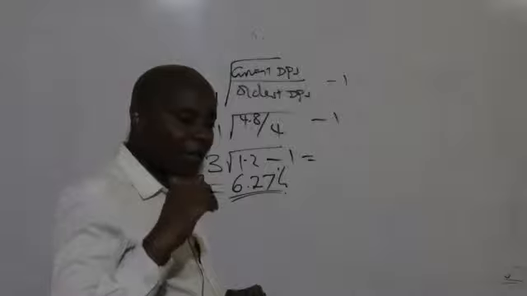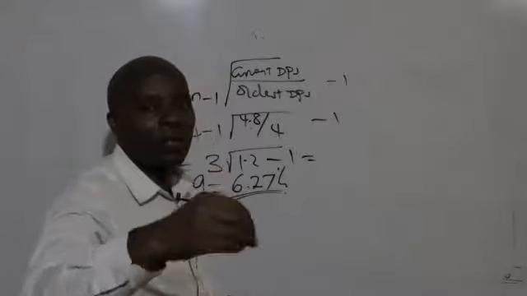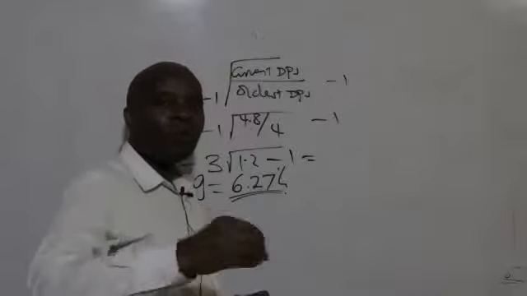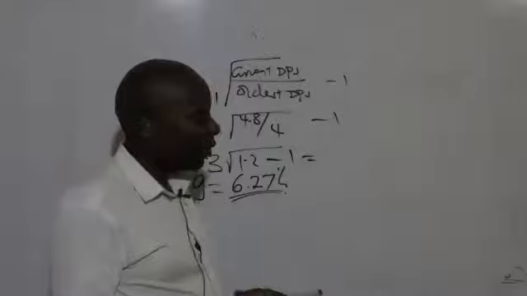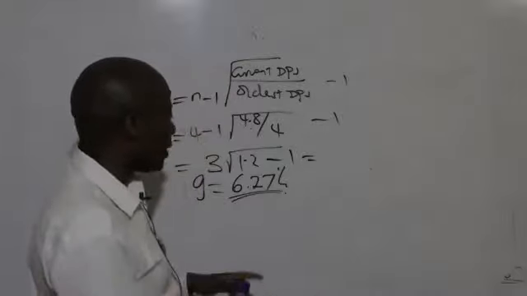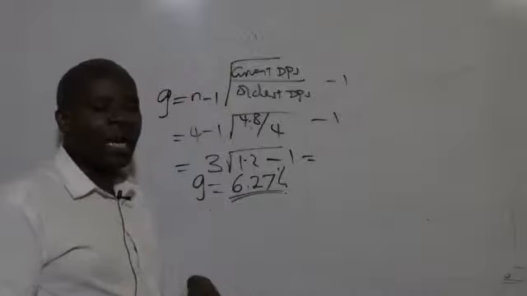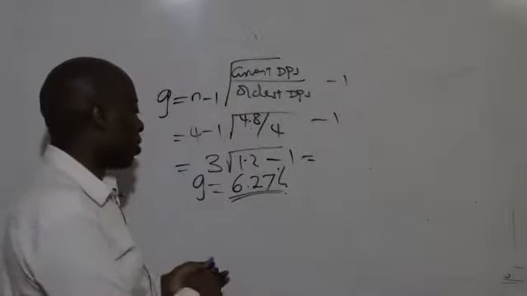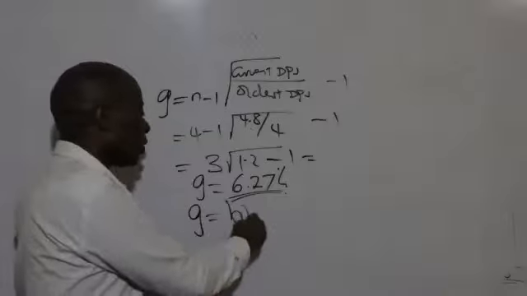But after getting that growth rate, ladies and gentlemen, that is not yet enough. You have not arrived yet. Why? Because the examiner is asking for a connection between your growth rate and return on equity. The only connection we know between the two is that G equals BR.